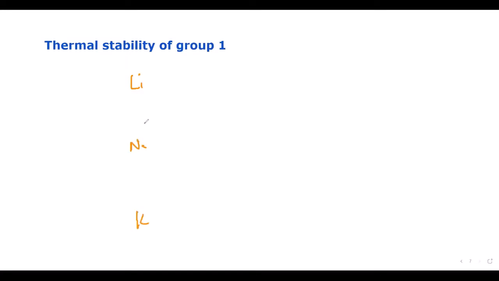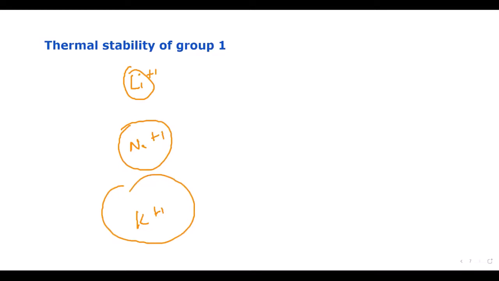By mistake I said calcium. So lithium is +1, sodium +1, potassium +1. Example, lithium carbonate. Lithium is smaller in size compared to sodium, and sodium is smaller in size compared to potassium. The carbonate ion will be the same for lithium, the same for sodium, and the same for potassium.